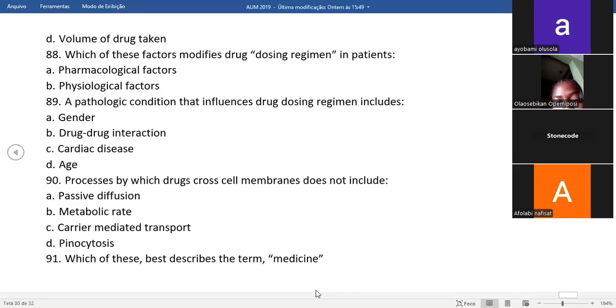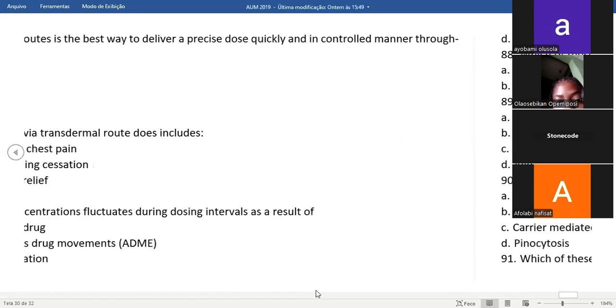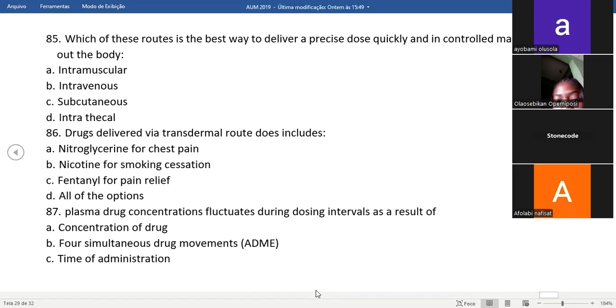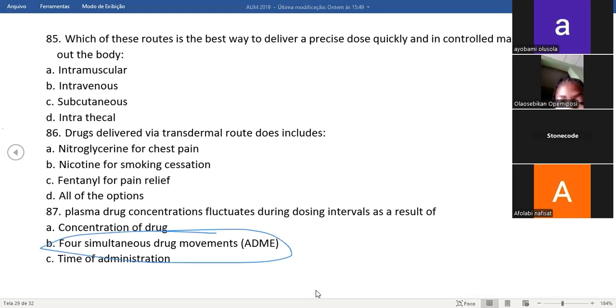D. Volume of drug taken. So what's the answer to 87? B. Yeah, the answer is B. It is because of admin. That's why plasma concentration fluctuates because of hardening. And what is hardening?